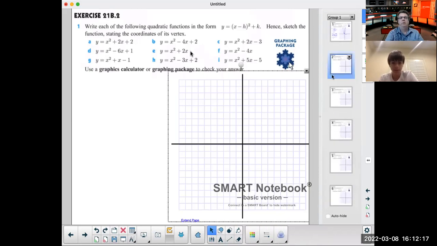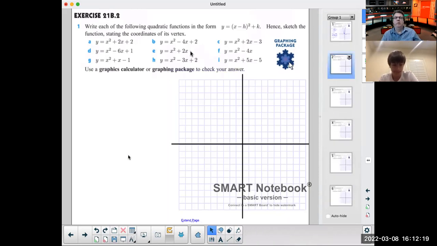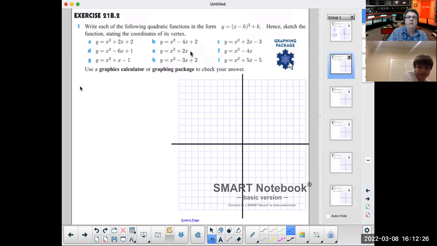All right, let's do the second one. So y equals x squared minus 4x plus 2. Half of -4 is -2, squared is +4, plus the 2 and then minus the 4.